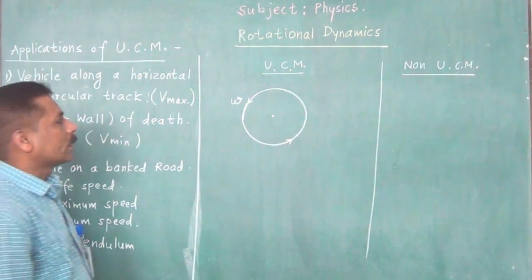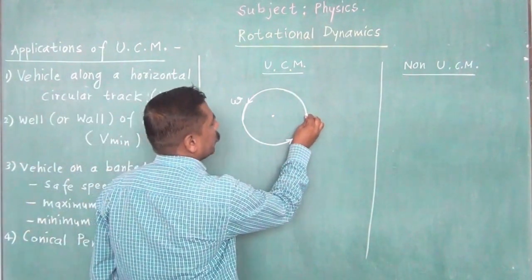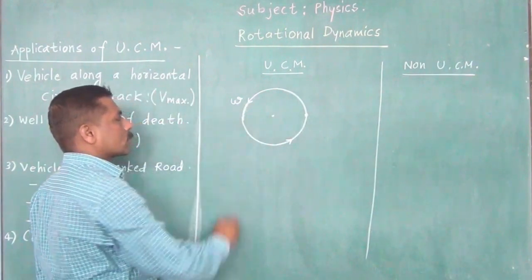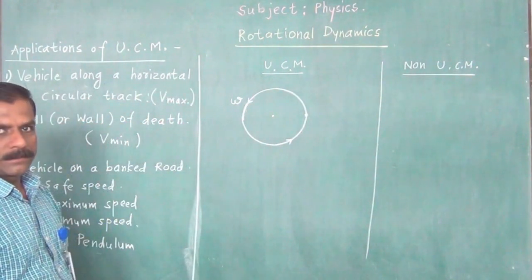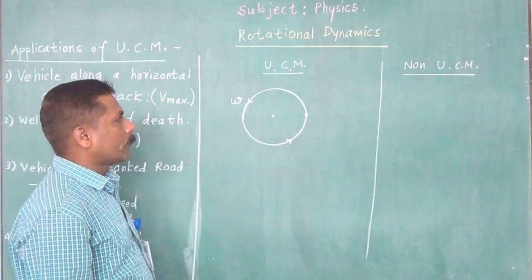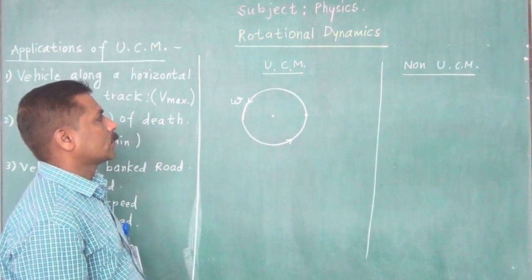So the particle is moving in anti-clockwise direction with a constant angular velocity. So this is a representation of the uniform circular motion.